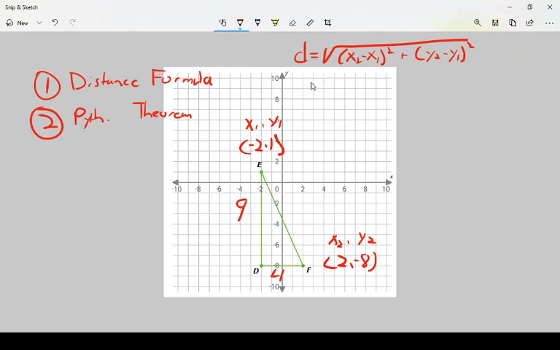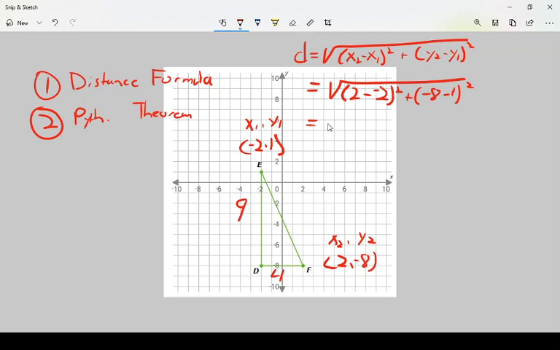We're going to plug them into our square root distance formula. So we have x2. x2 we called +2. So 2 minus x1, which we called -2. So -2, all squared, plus y2, we said was -8, minus y1, which we said was +1, so 1, all squared.